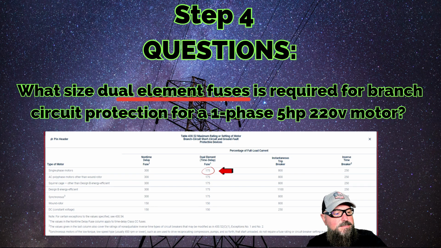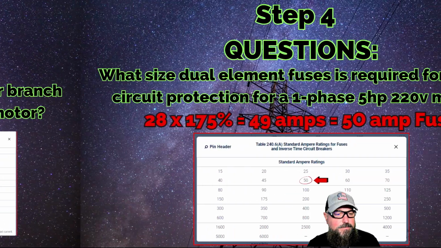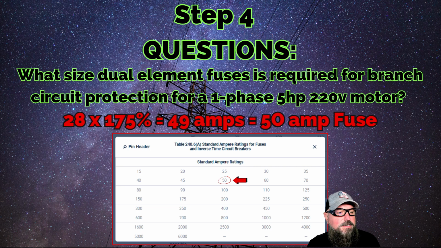We're looking at single phase motors, and then we want to go over to dual element because that's what it's asking for, dual element fuses. So our multiplier is 175%. So you take 28 times 1.75, which equals 49 amps. If we go to our standard amp rating sizes, you'll see there is not anything at 49 amps. The next one up is 50 amps. So you're going to need a 50 amp fuse.